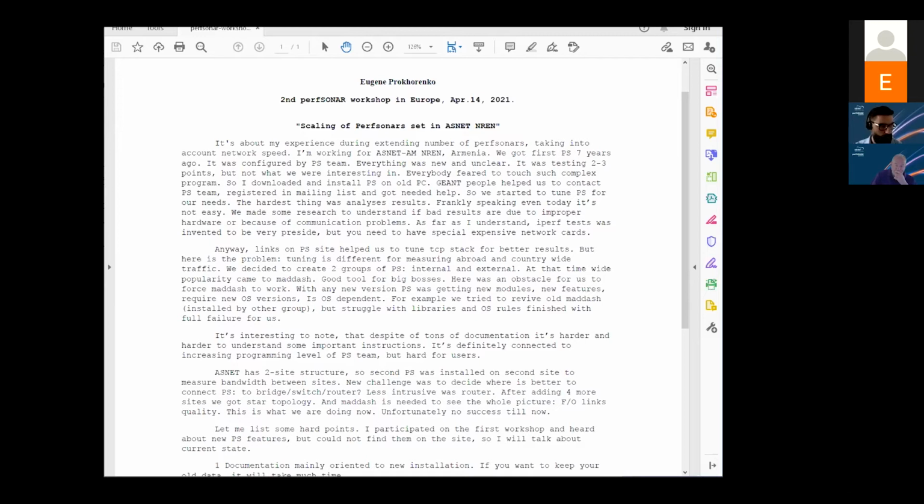So we put perfSONARs on these points. It is a star topology, and they are at the ends of the star, and we get information and try to figure out the problem of some events.